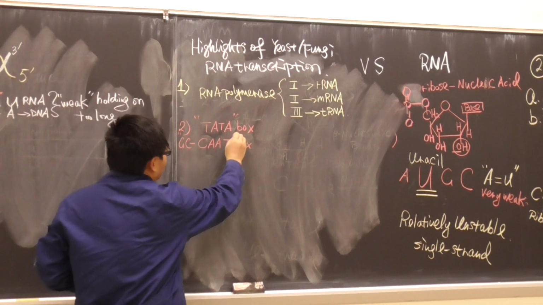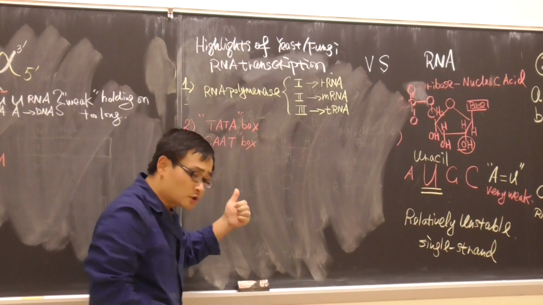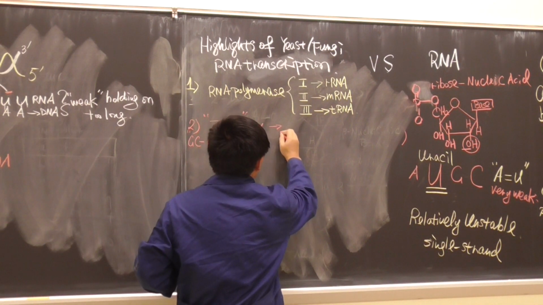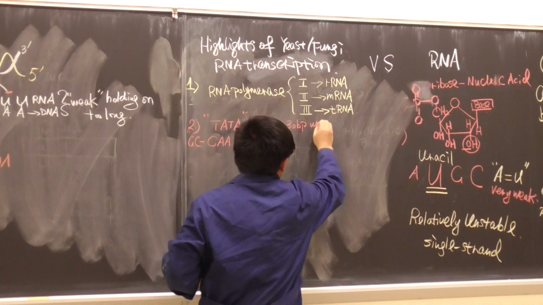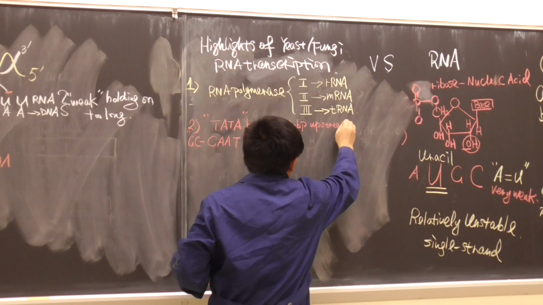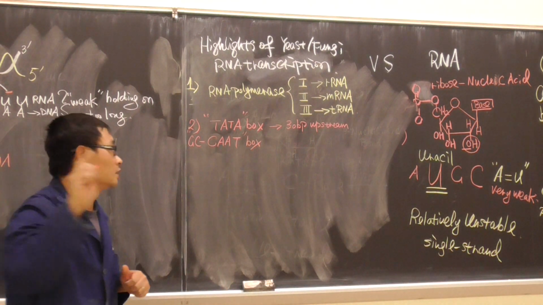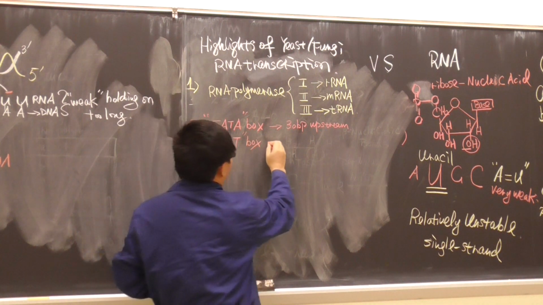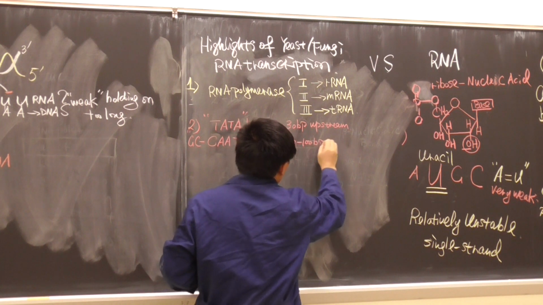Now, very similar to the prokaryotes, those two are also located upstream. The TATA box is about 30 BP, base pairs, upstream. What I mean by upstream is compared to the initiator place, which is +1. The GC box is about 50 to 100 BP upstream.